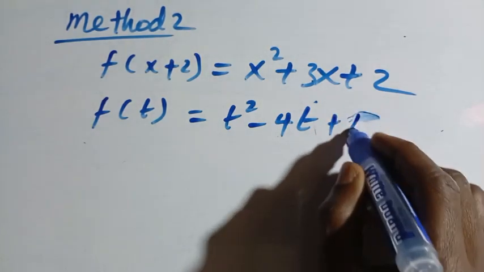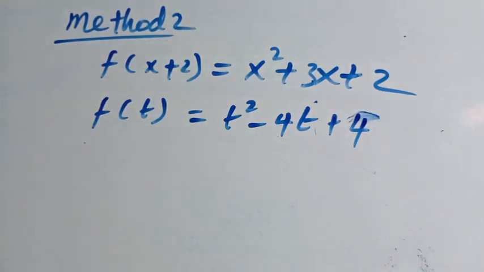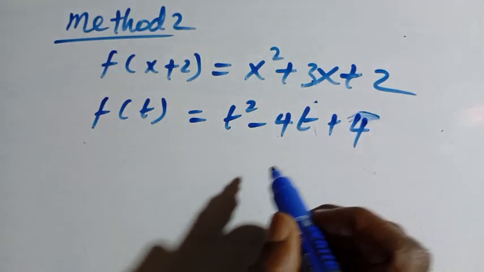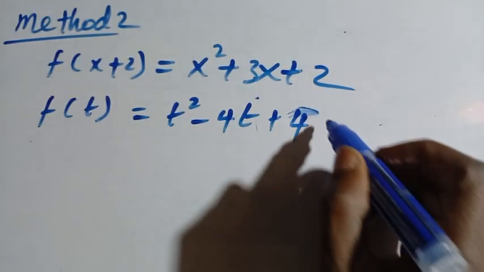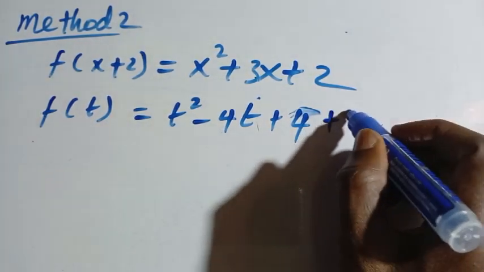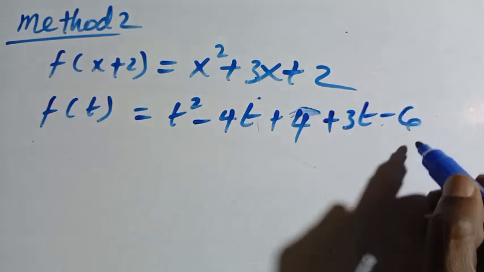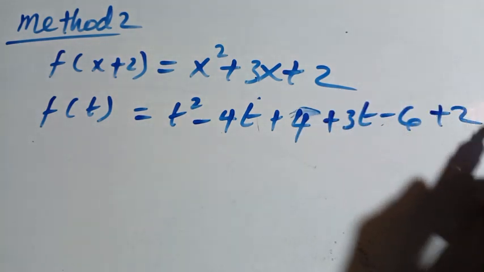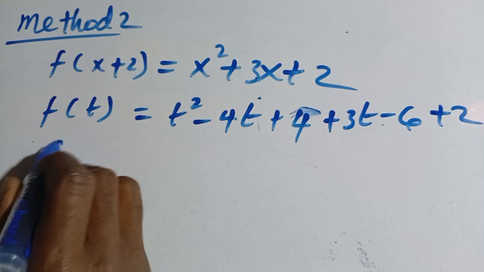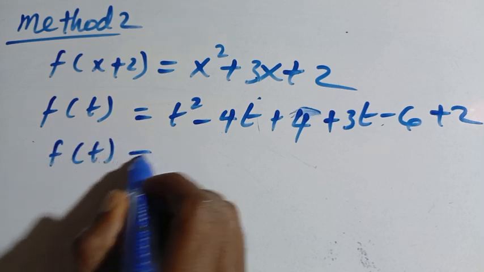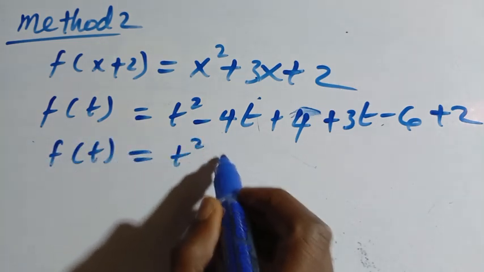And also we have 3x here. So when we add this together, we have plus 3t minus 6, then plus 2. So here we have f of t equals t squared.